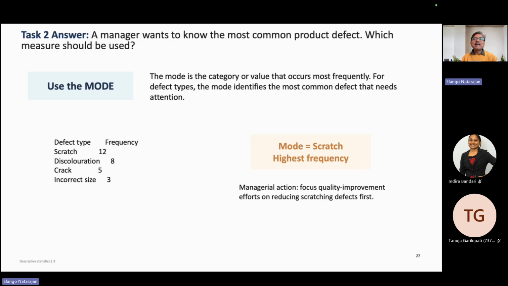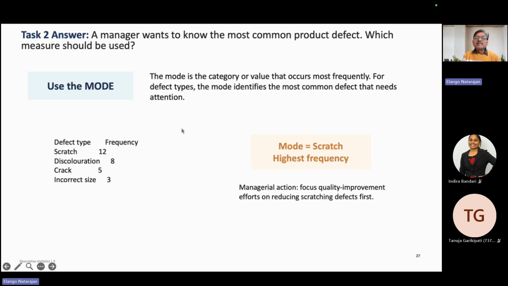Mode is the categorical value that occurs most frequently. For defect types, mode identifies the most common defect appearing over a period of time.